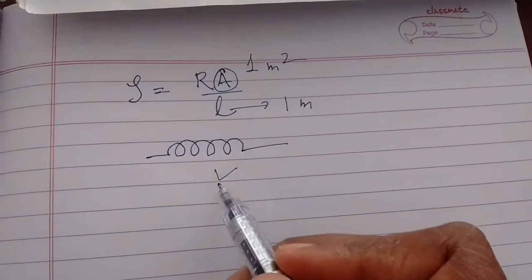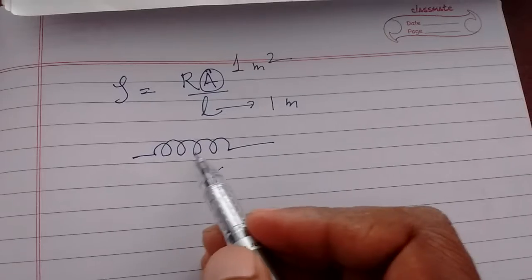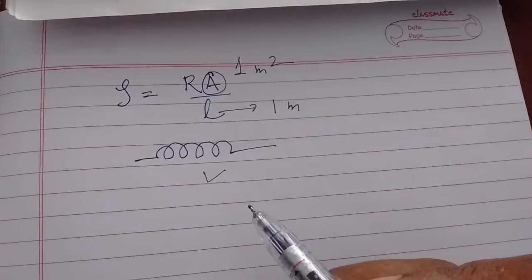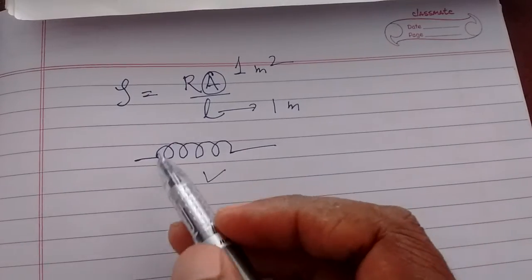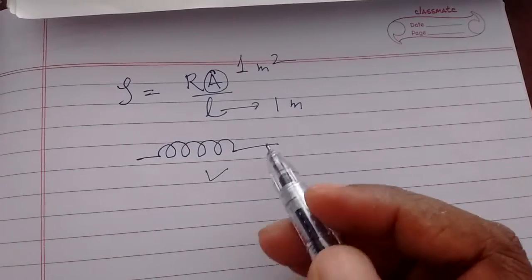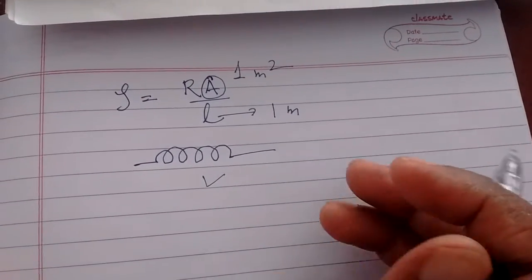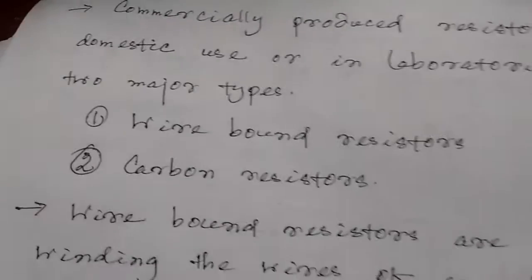These are wire bound resistors. This material is an alloy. It is very rarely used in commercial applications. More widely used type is carbon resistors.